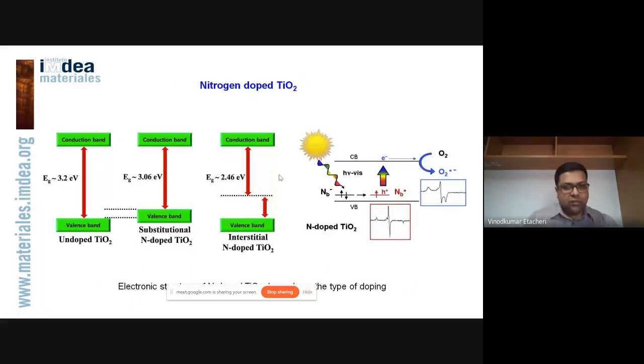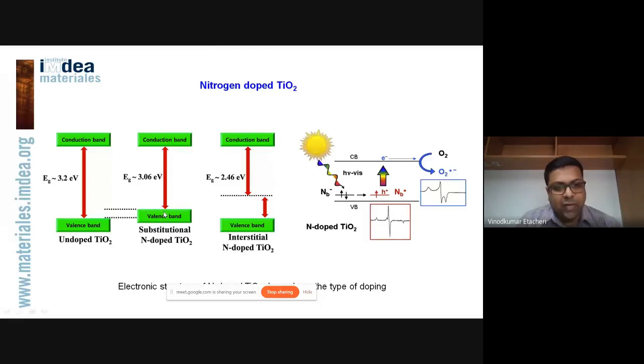So we can go into more details on nitrogen doping. This is a kind of energy levels of nitrogen doping. There are two types of doping. This is an undoped TiO2, with 3.2 electron volt band gap, and then substitutional doping. If we consider that nitrogen substitutes an oxygen of TiO2, the band gap is like this.